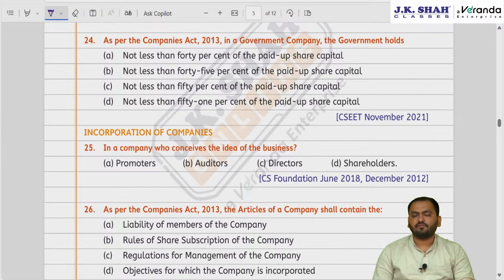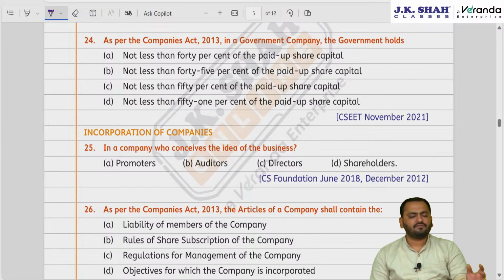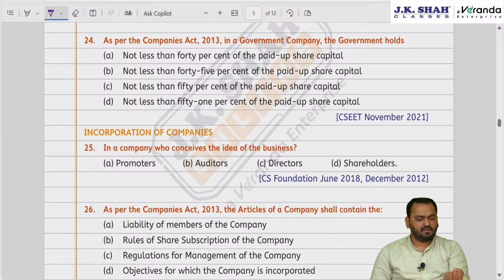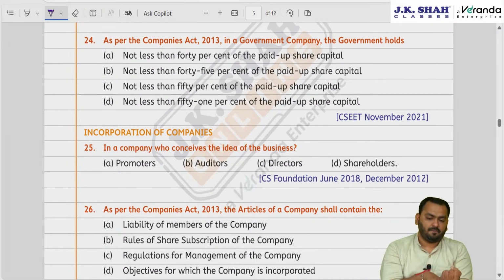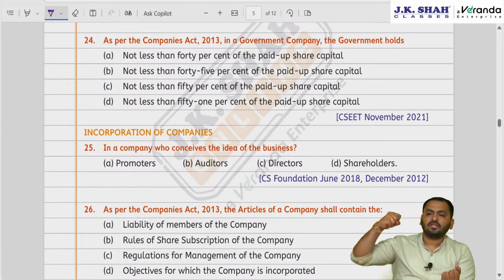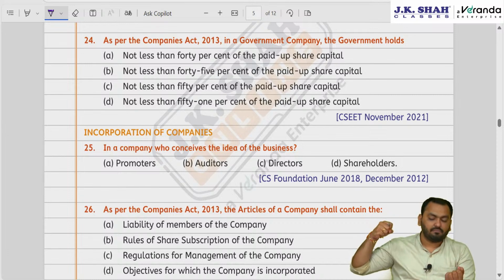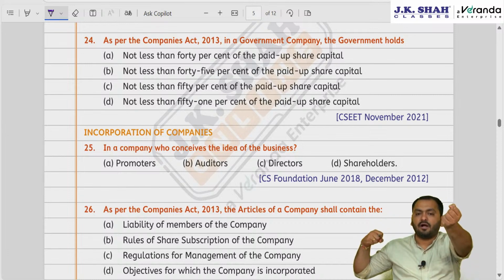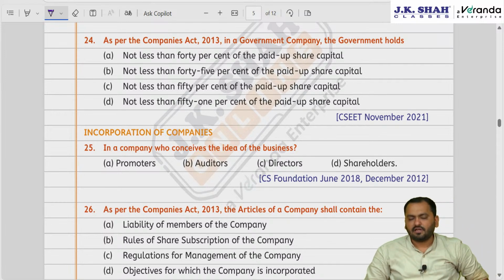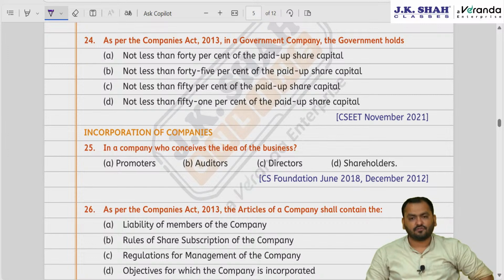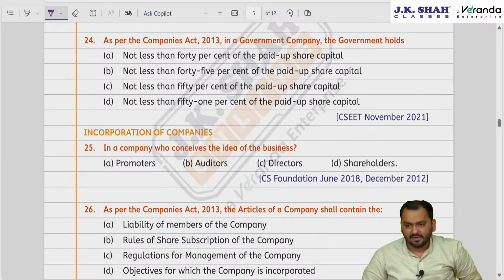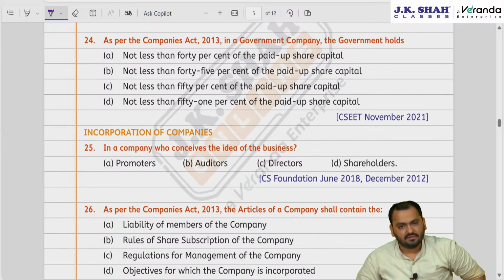So if they hold 51% or more shares, for example, if government invests money in a company by purchasing equity and holds 51% or more shares in this company, then this company will become a government company. There are many examples of government companies like ONGC, Oil and Natural Gas Corporation, BSNL, BHEL, right?